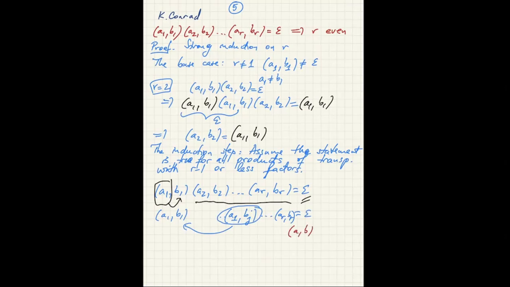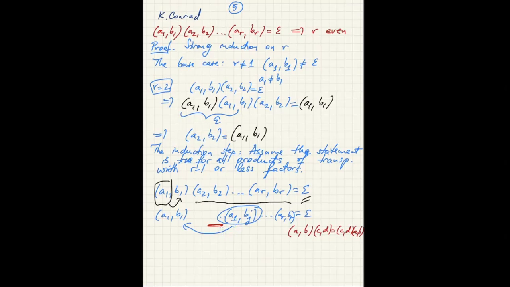If A, B, C, D are disjoint letters or numbers, then the product of A B and C D doesn't depend on the order. So these two transpositions commute. So for example, if the transposition immediately to the left of A1 BJ did not contain A1 and did not contain BJ, then by the fact I wrote here on the right, we could swap the order between them and move A1 BJ further to the left.